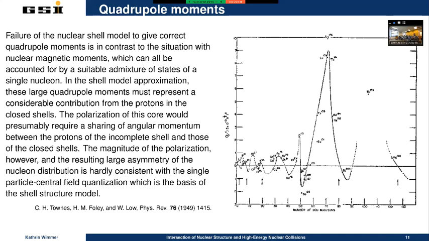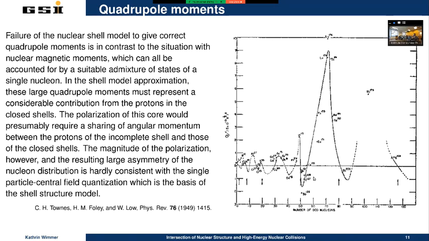And these quadrupole moments, as I already pointed out in the beginning, were also one of the things that motivated this whole description of the nucleus as a deformed shape. And I have quoted here something from this paper from '49, where the large quadrupole moments that have been experimentally observed.